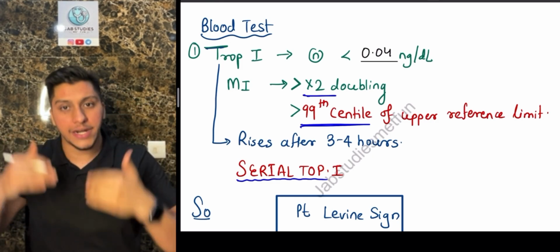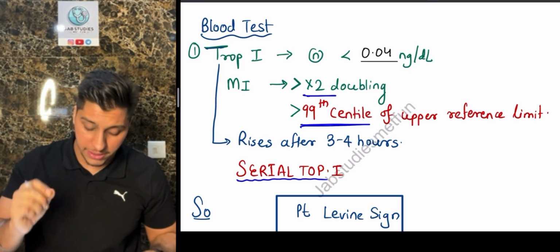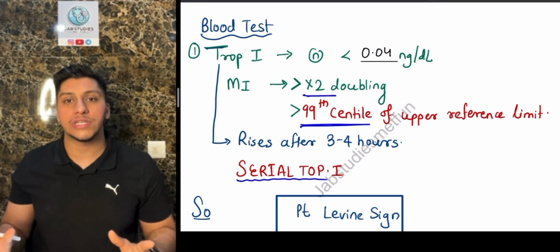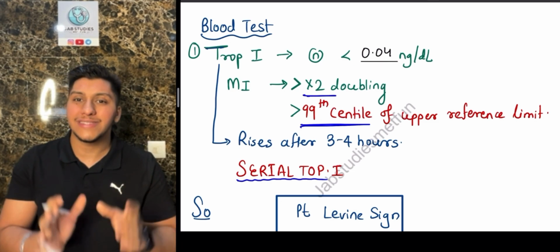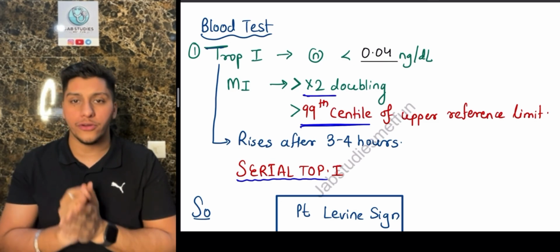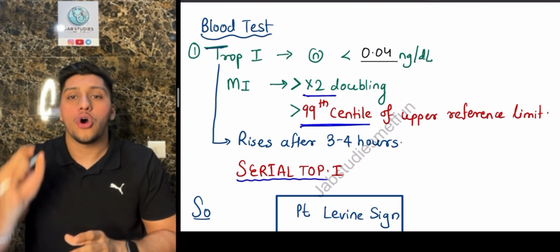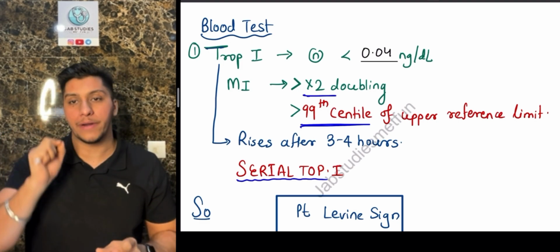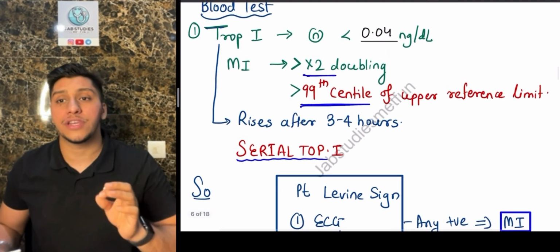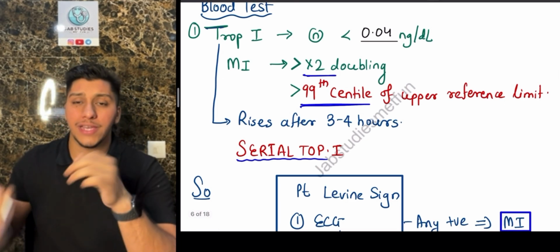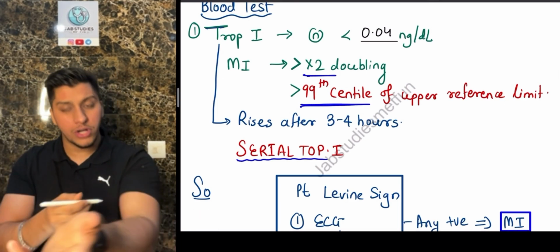Everything is written later, I'll tell you. But the first thing which you have to remember is troponin, the most important investigation. The normal is less than 0.04 nanogram per deciliter. The value is going to double, hence known as doubling, or the 99th percentile of its upper limit. Okay, it rises by 3 to 4 hours. If you notice one thing, it is slowly rising. That is why you will not just do one blood test.